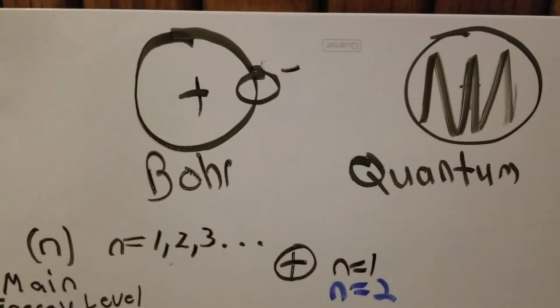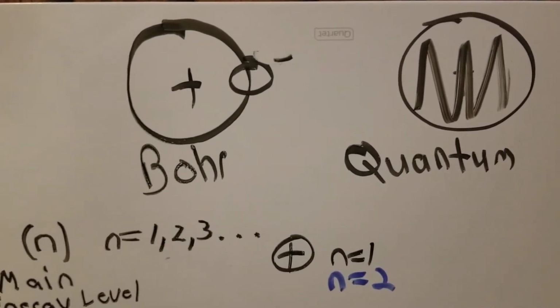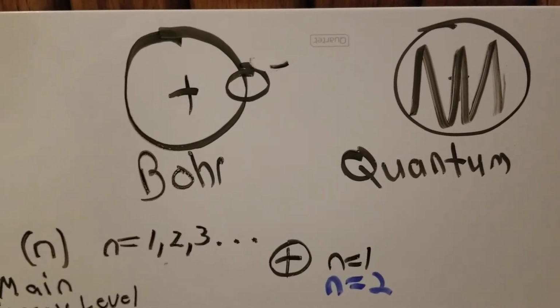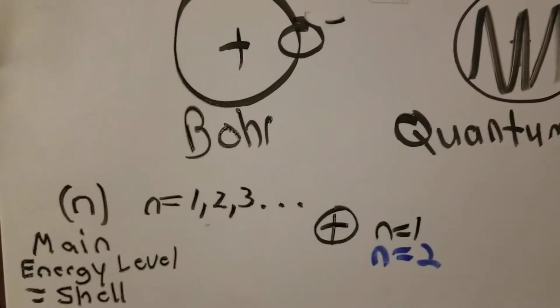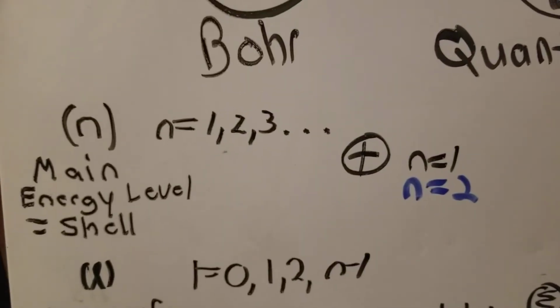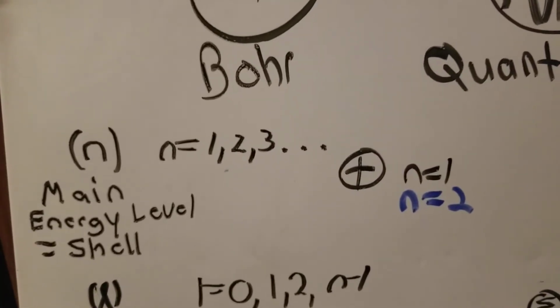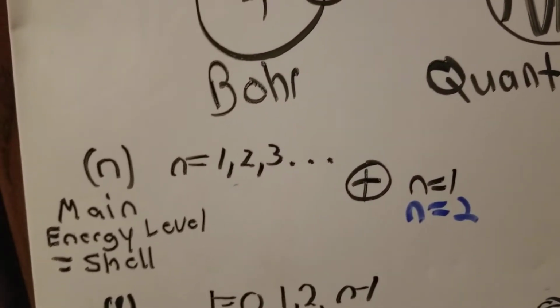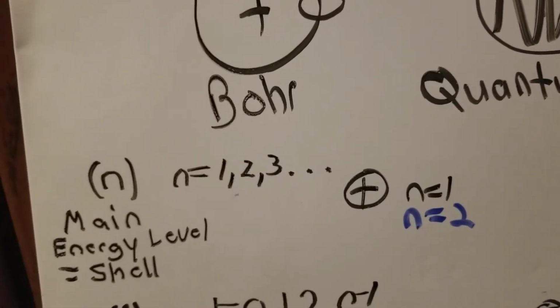To help us visualize this a little bit more, we'll use 4 quantum numbers to discuss and to explain this model. The first quantum number we will designate as n, and n can be any positive integer, 1, 2, 3, and so on and so forth.